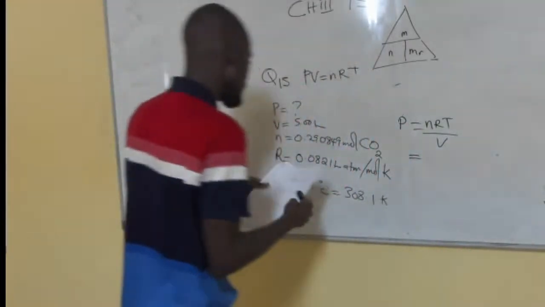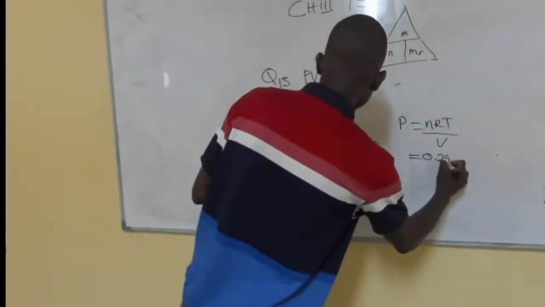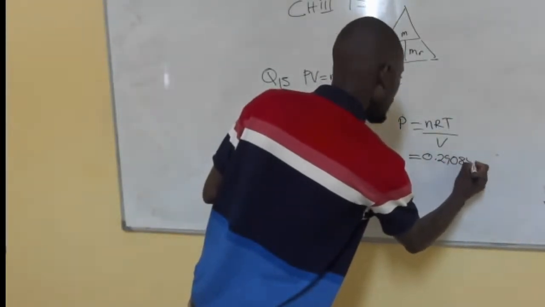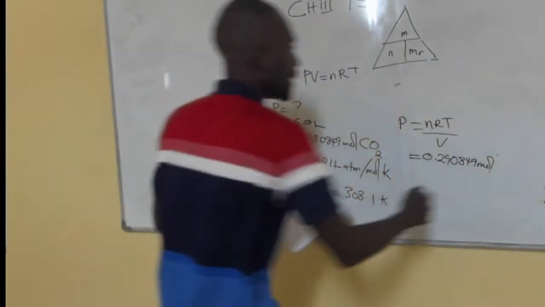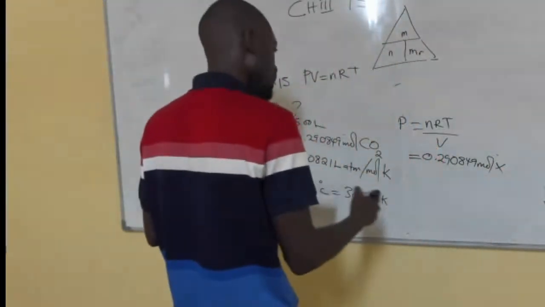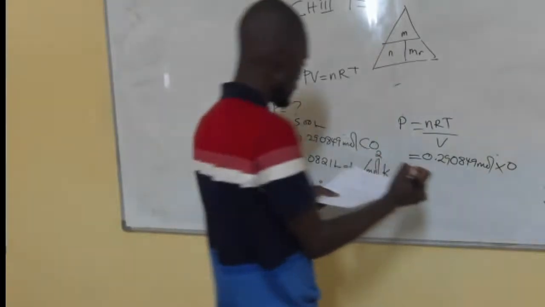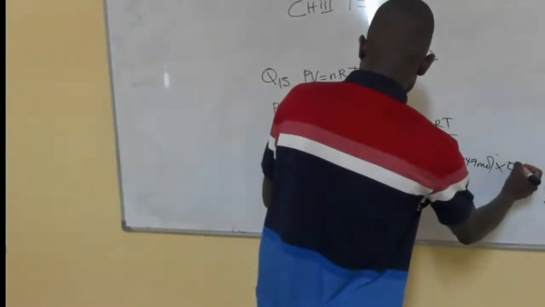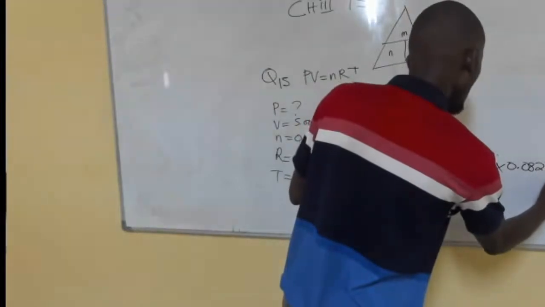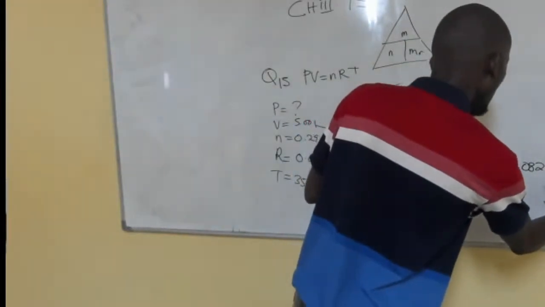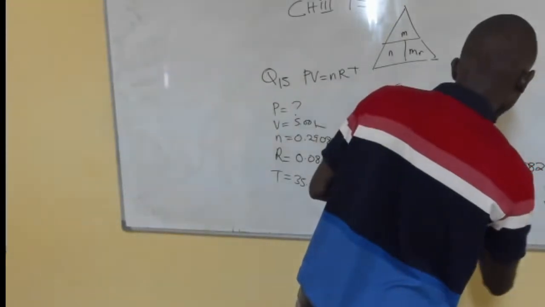So in this case, what is our number of moles? We have 0.29089 mole. Then our R, as usual, we substitute: 0.0821 liter atmosphere per mole Kelvin.